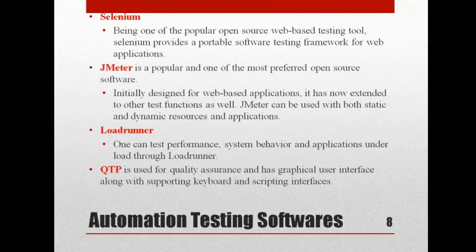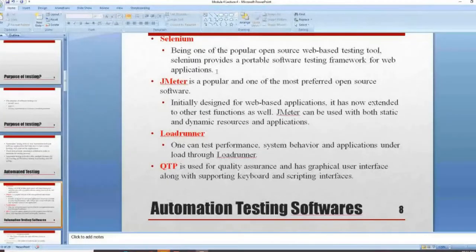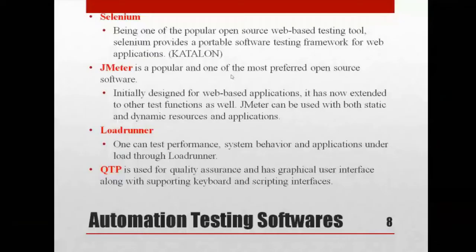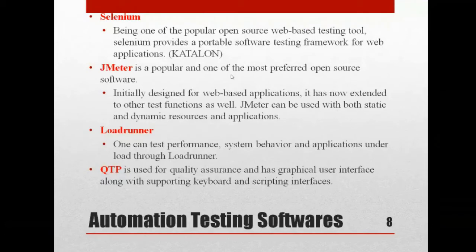But there was one more tool, called Katalon. I was using that. It is a very good software because most of the work is done automatically by the Katalon tool itself. Most of the code is generated; we only have to change the basic part of it.